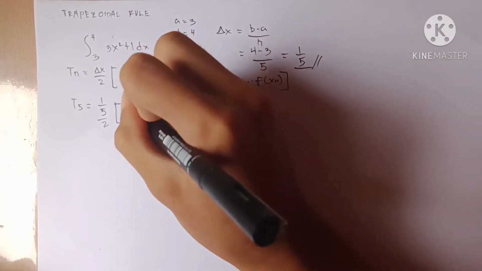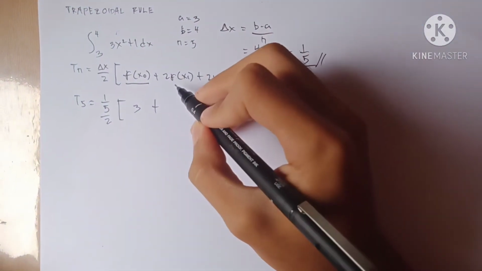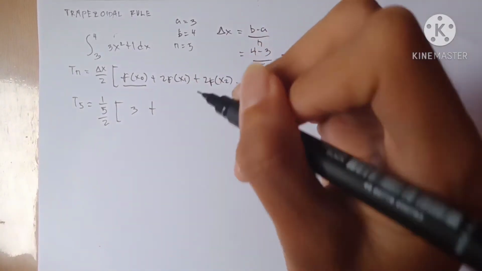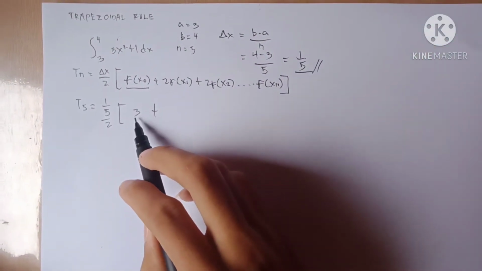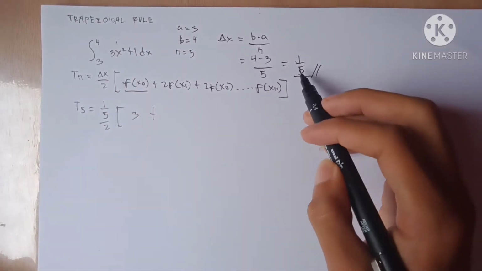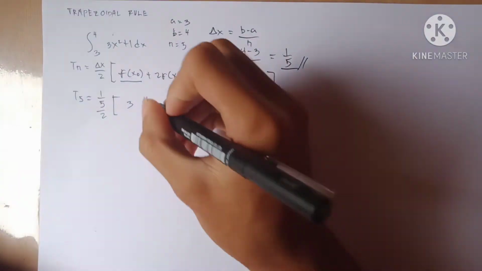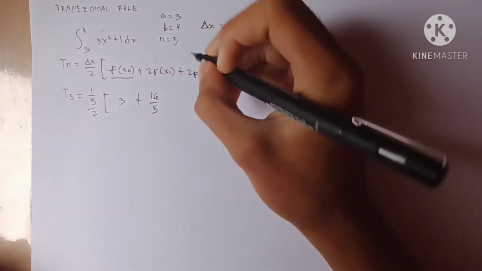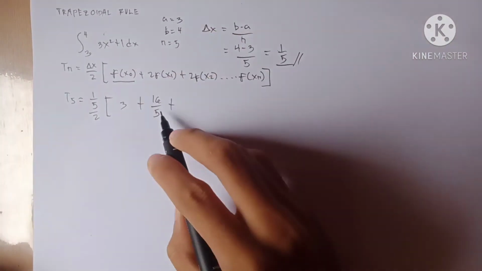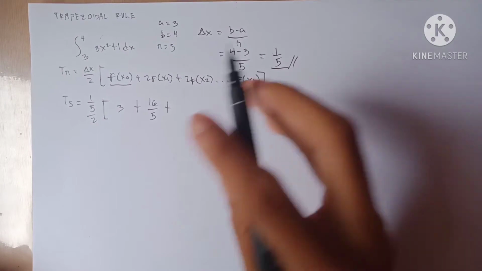Substitute, then 3 plus 2f of x sub 1. Yung 3 add natin ng 1 over 5. So meron tayong 16 over 5 plus, then yung 16 over 5 add 1 over 5.